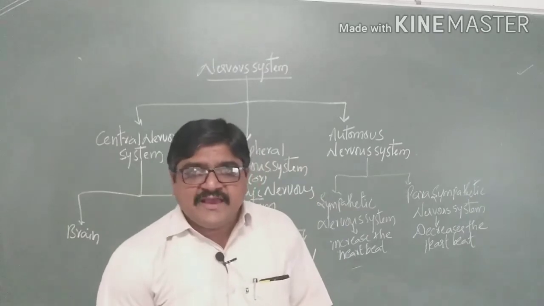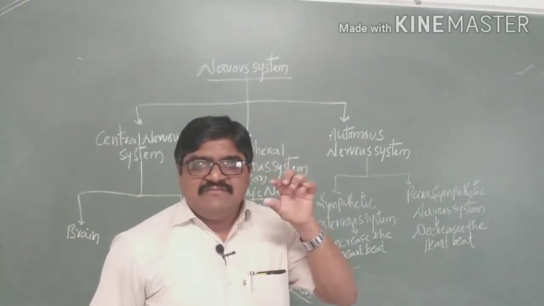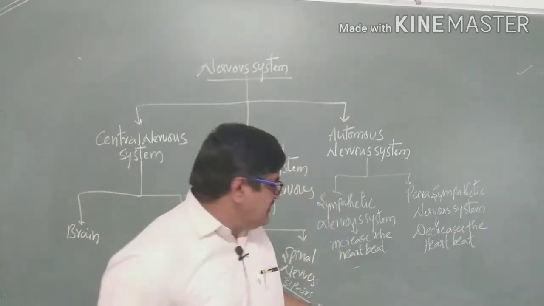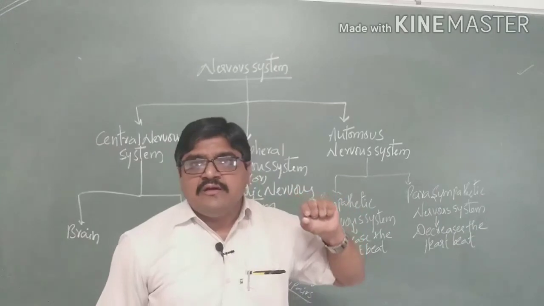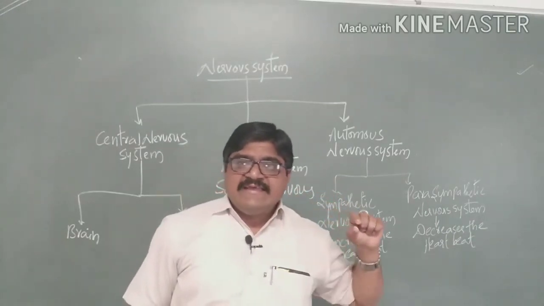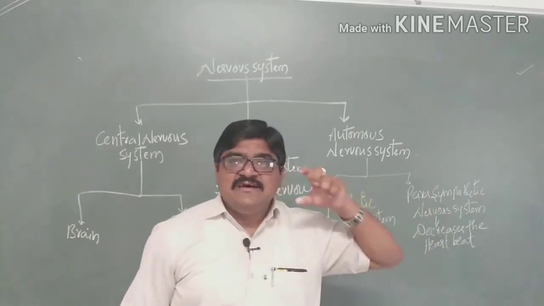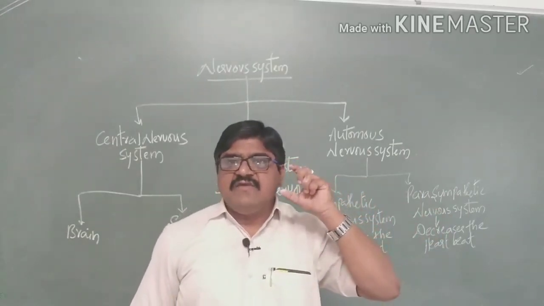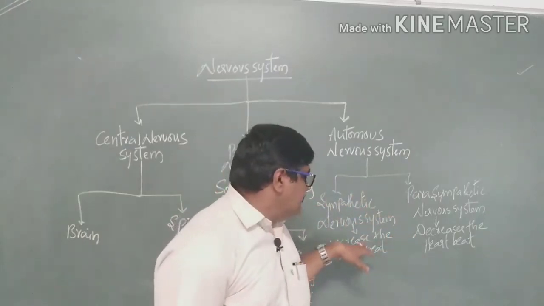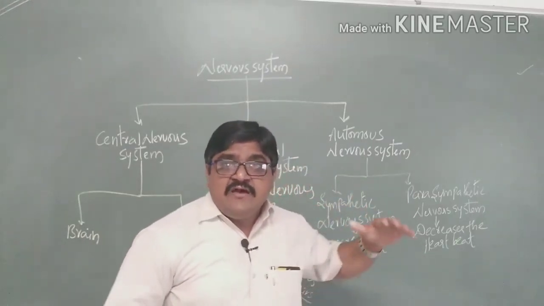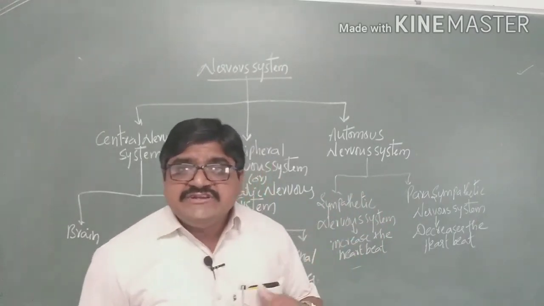Likewise, take the pupil of the eye: the sympathetic nervous system decreases the pupil size, and the parasympathetic nervous system increases the pupil size. So one is increasing and the other is decreasing; they are opposite in direction.